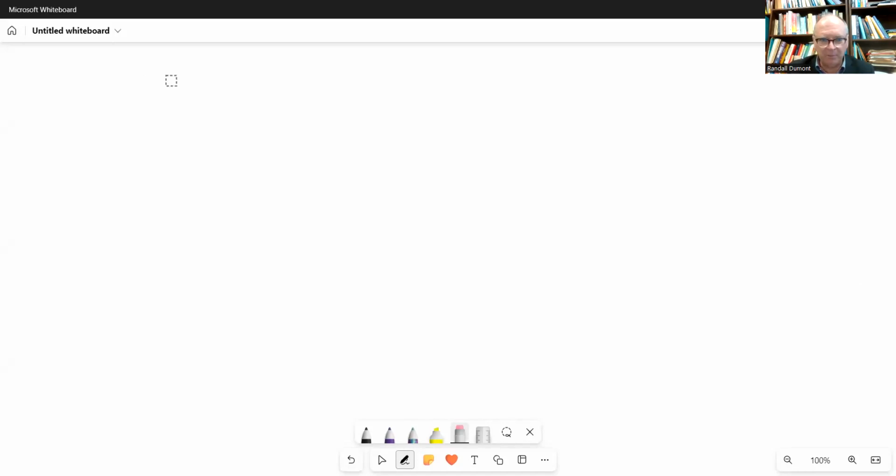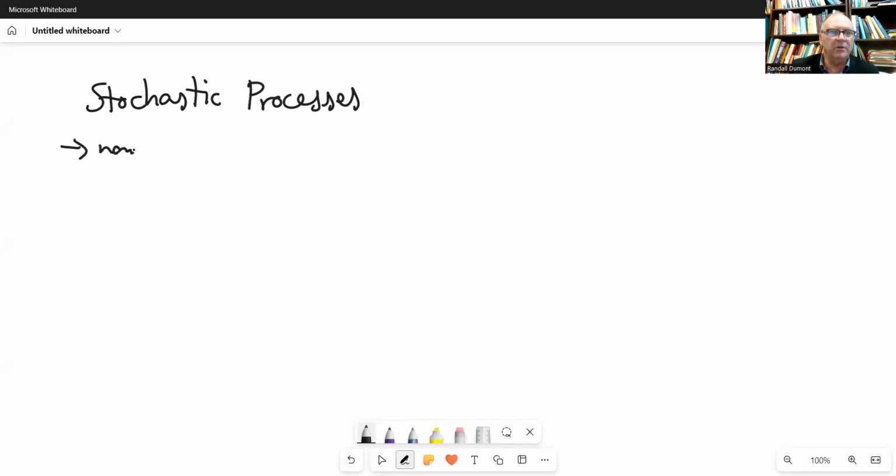So we're doing stochastic processes. And we're going to start with Einstein's diffusion equation. And so we'll just do some backing up. This is really non-equilibrium statistical mechanics.